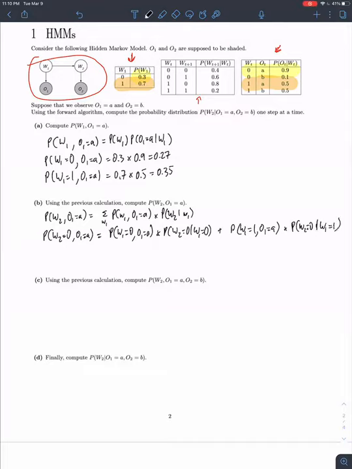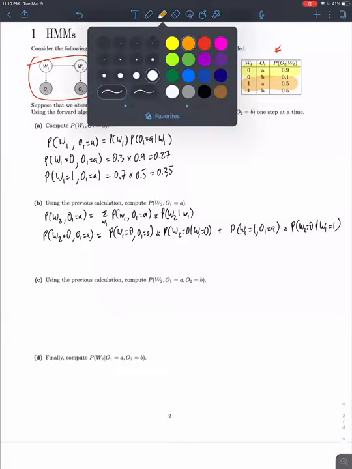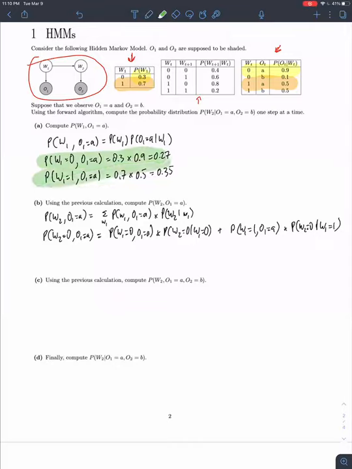All right, and now we can read these off the conditional probability tables and off of this stuff that we were lucky enough to have just calculated.